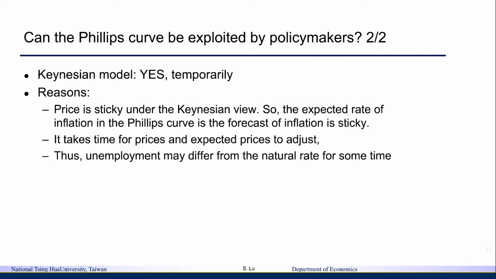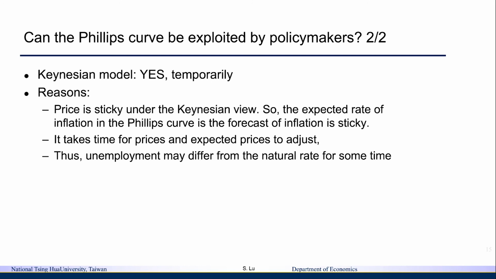However, based on the Keynesian view, the answer is yes, that the policymaker will be able to exploit this relationship temporarily. That is because the key assumption of the Keynesian view is that prices are sticky and it takes time for people to reform their expectations.